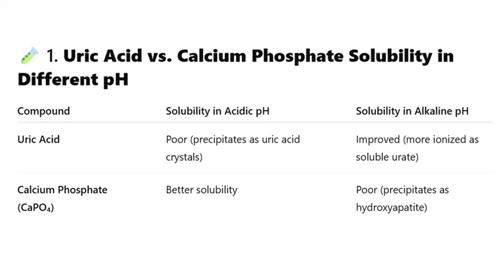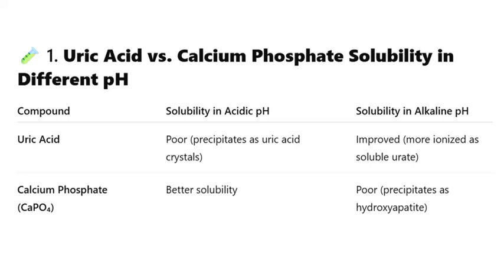Now, acidic urine is typically found in distal tubules and collecting ducts. That is where the acidifying of the urine occurs. So, uric acid crystals typically obstruct the distal tubules and collecting ducts in the nephrons, and they do not precipitate in proximal tubules or the loop of Henle.